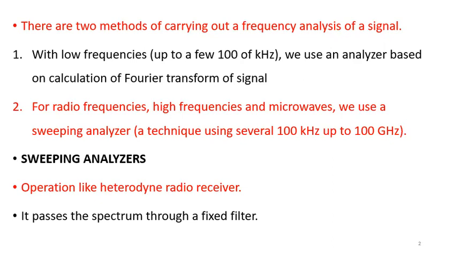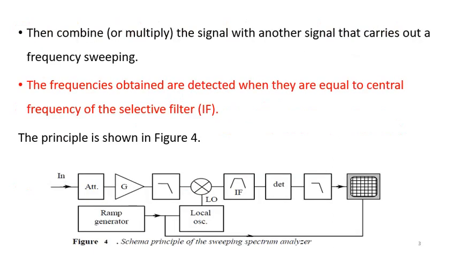In order to understand how this heterodyne approach works, or how this sweeping spectrum analyzer works, we may use this block diagram, which represents all the components contained in the sweeping spectrum analyzer. Here, this is our input terminal where we take the signal to be analyzed, and we first pass it through a series of attenuators and amplifiers.